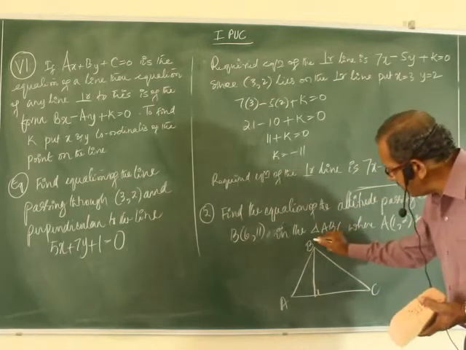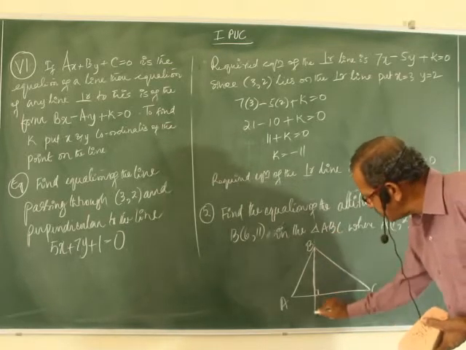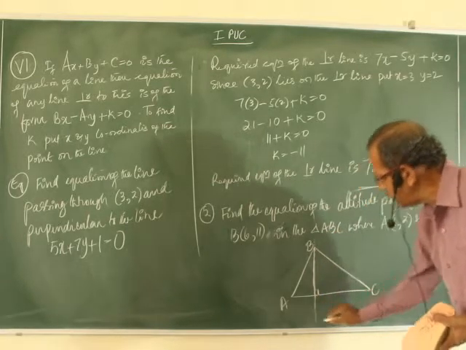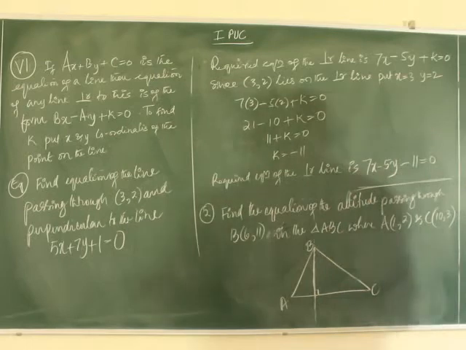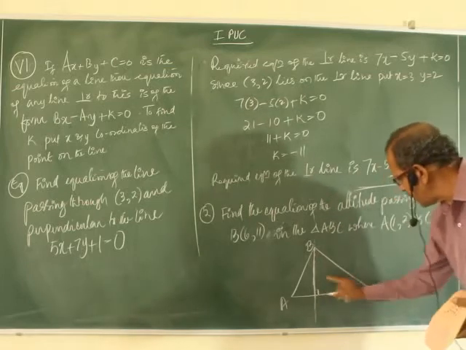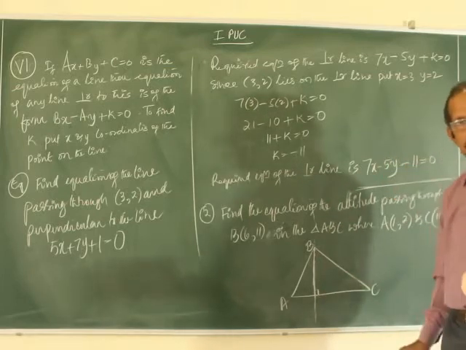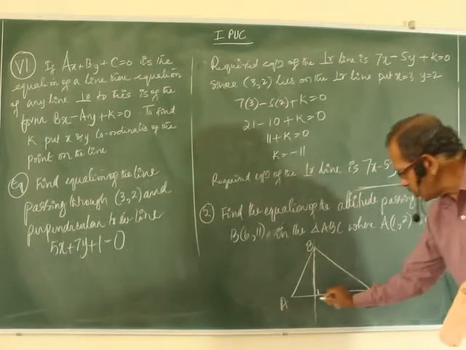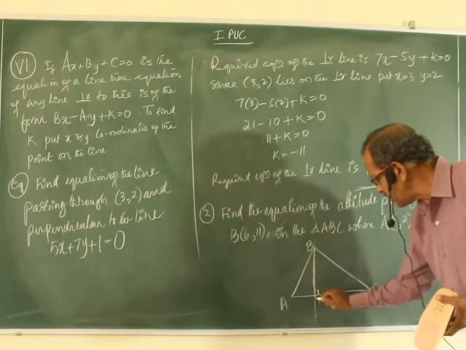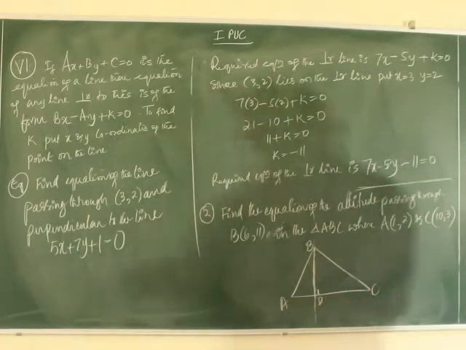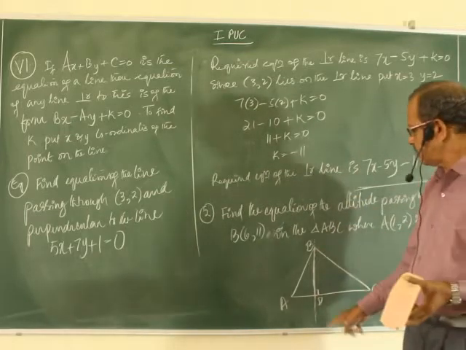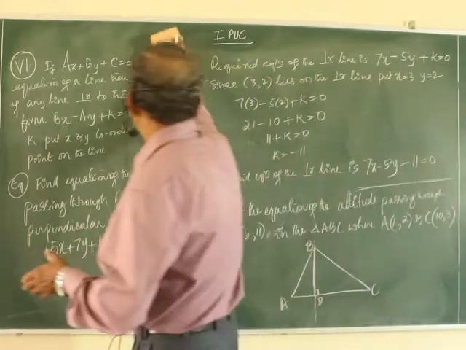It passes through this. Line means it is a continuous one. Don't say this is the midpoint. That's why I have taken a little length more. So, this point, if you want, let me call it as T. How to find the equation of the altitude passing through B?